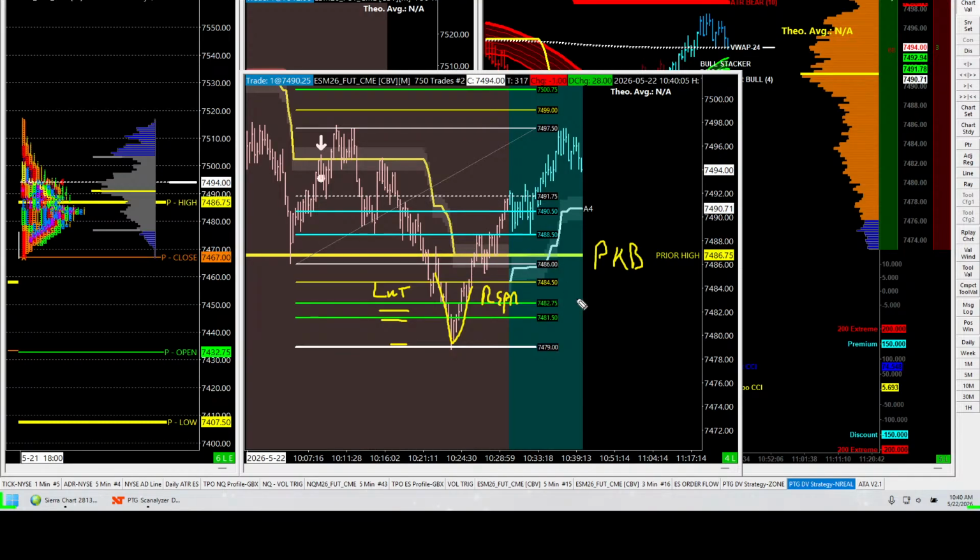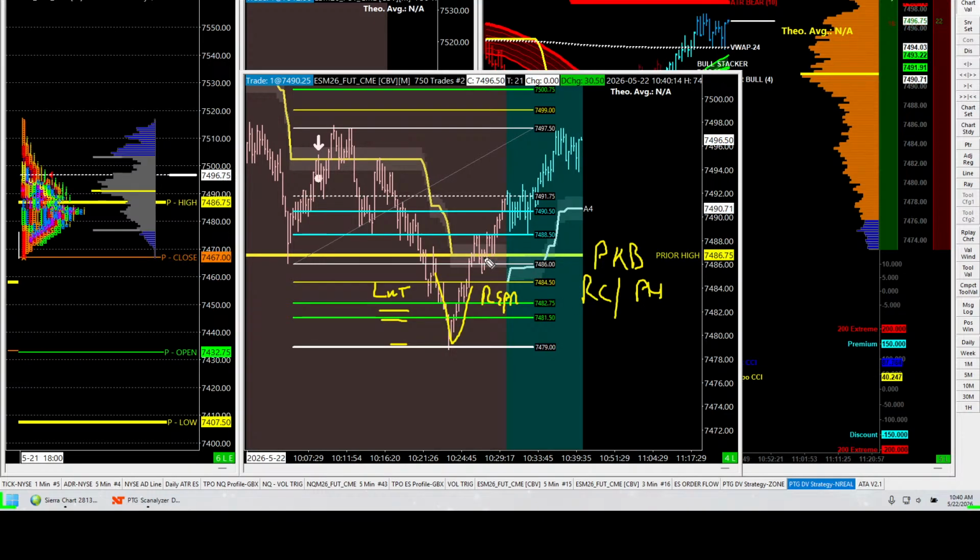PKB is a reclaim of the prior low. Excuse me, in this case, the prior high. So a reclaim of the prior high. You'd have to wait for the market to come all the way back up, and your trigger is basically through the prior high.